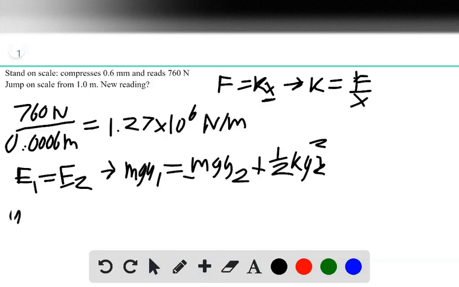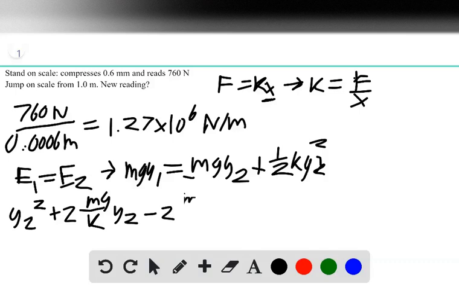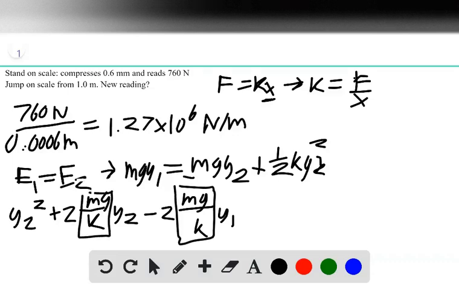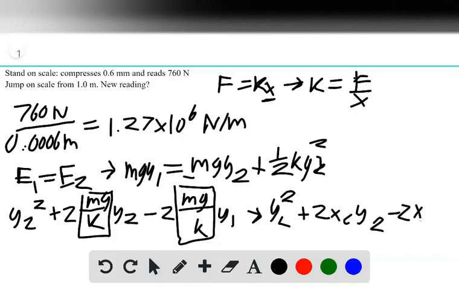So we're going to get y2 squared plus 2mg over k y2 minus 2mg over k y1. Then we can replace this by xc, x compression, and we get y2 squared plus 2xc y2 minus 2xc y1.